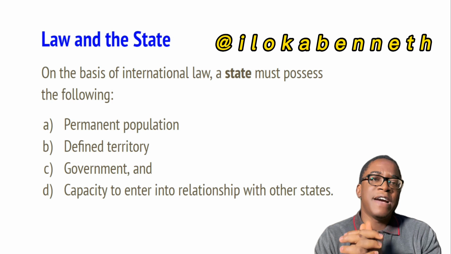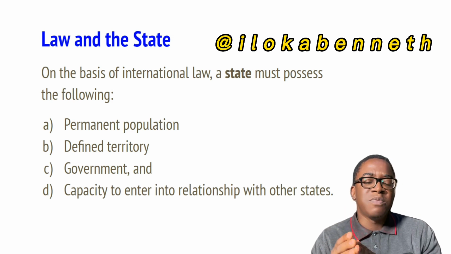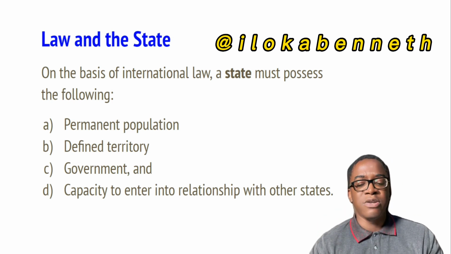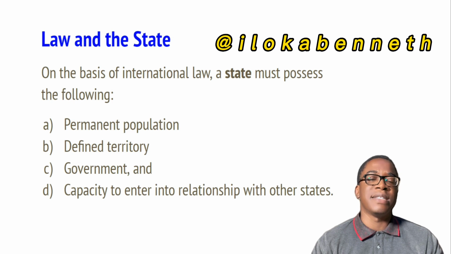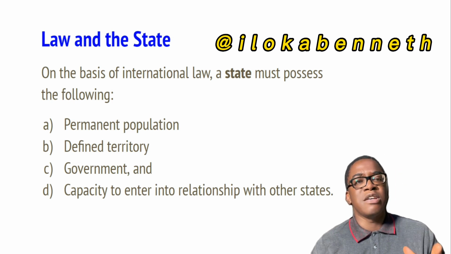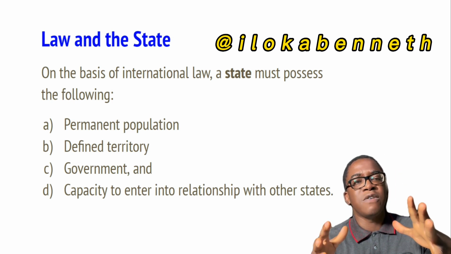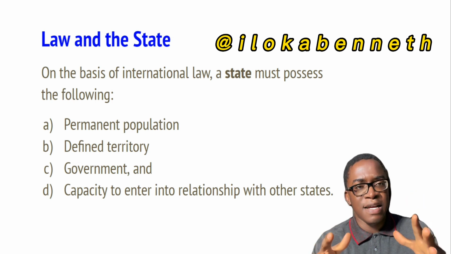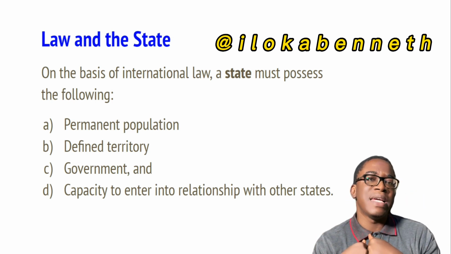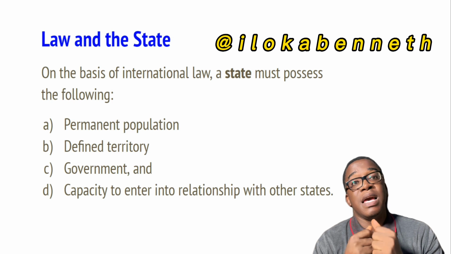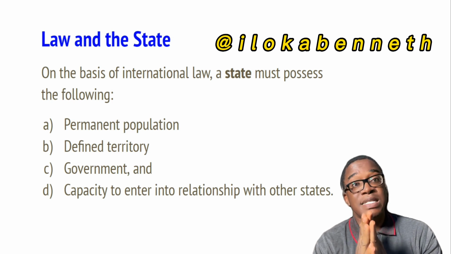Okay, then finally, for a state to exist, it must have the capacity to enter into a relationship with other states. So when we talk about a fully sovereign independent state like Nigeria, we can see that we can enter into any form of agreement that we wish to enter with any state in the world.